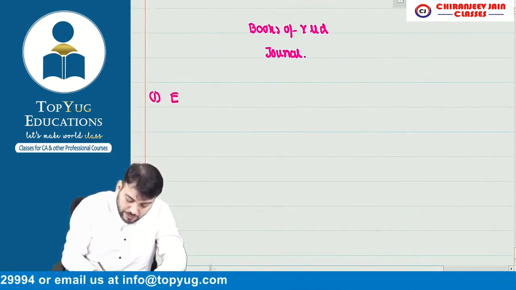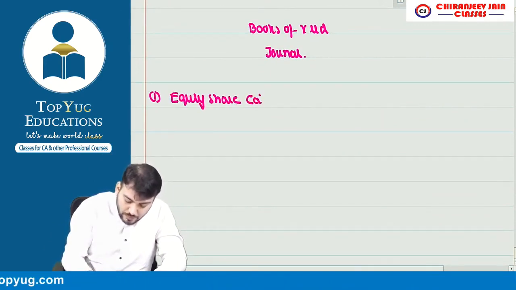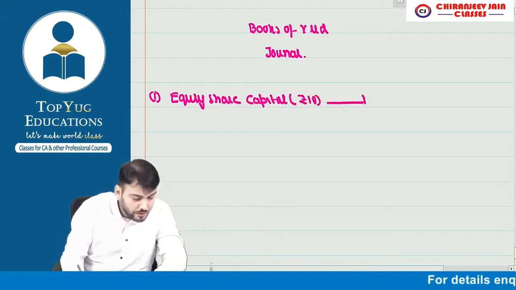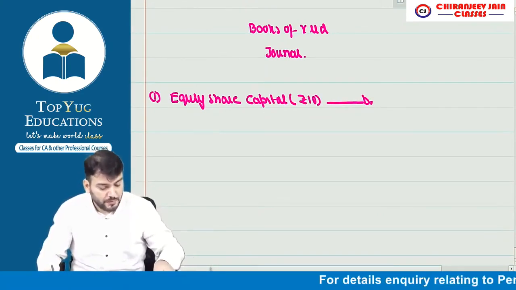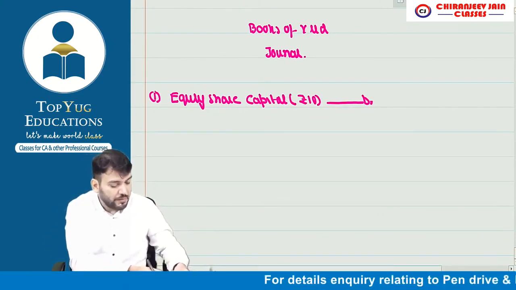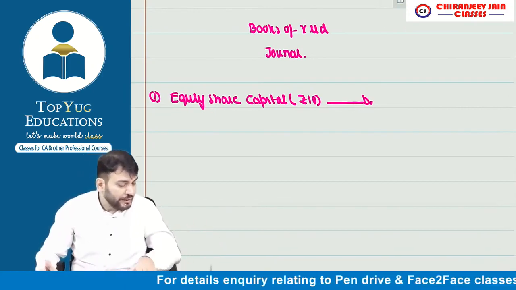So write down equity share capital, rupees 10, अमाउंट कितना है भाई बता दे. तो it is 50 लाख.